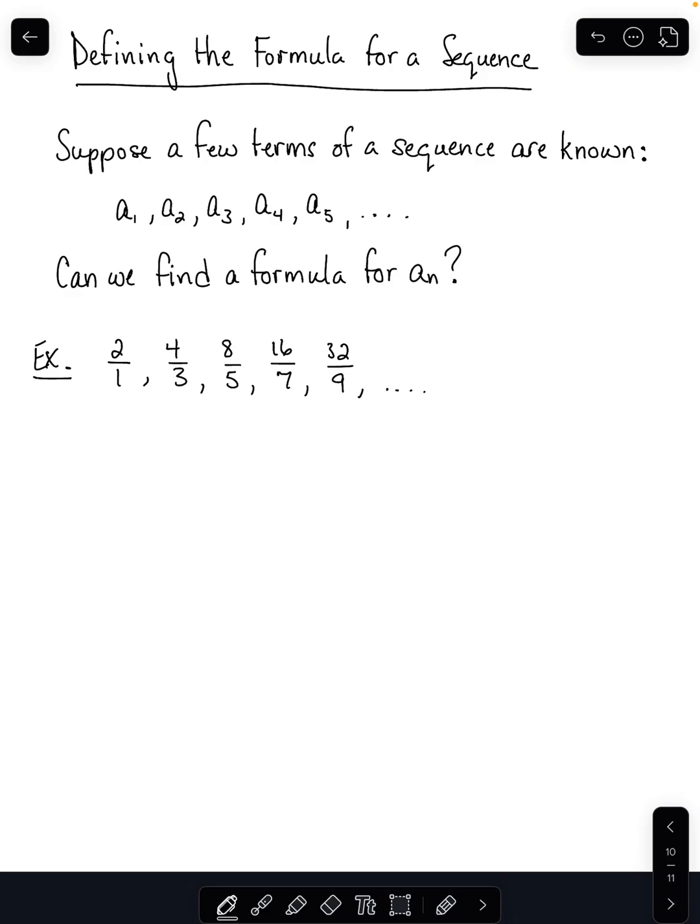It's going by odd numbers, so that if we needed to determine the next term of the sequence, it would probably be something with an 11 in the denominator. And we can base that off of the fact that they are consecutive odd numbers.